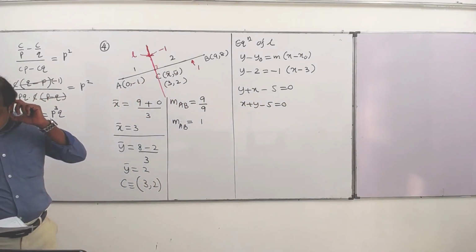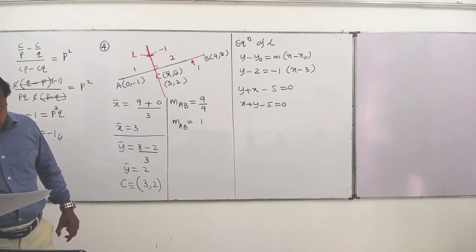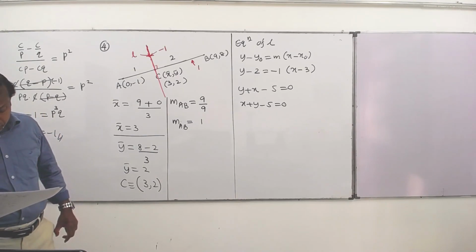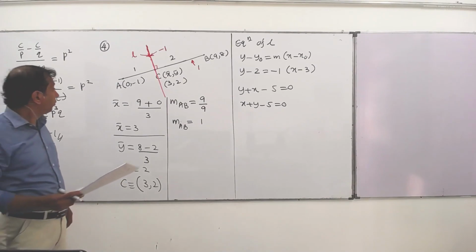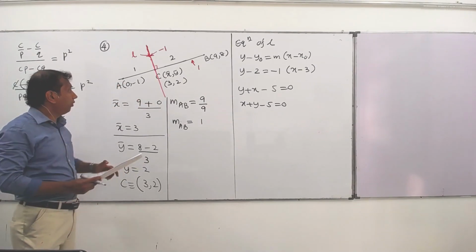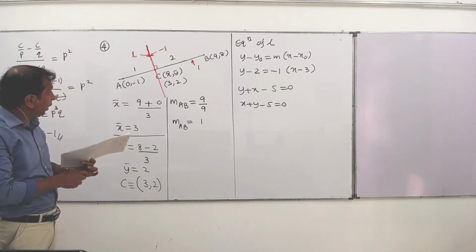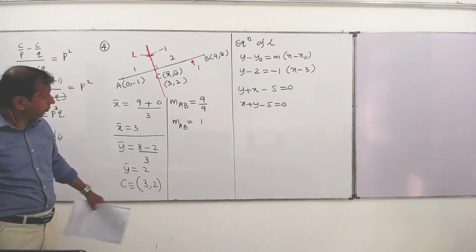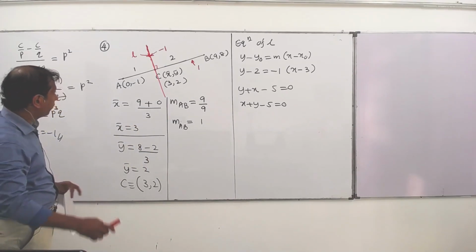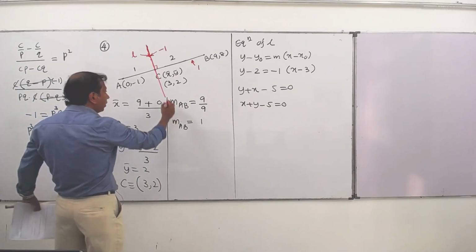Now the next one is asking: let D be the point on L such that AD is parallel to the line y equals 5x plus 1. D is a point on the line L. I'll take D here.